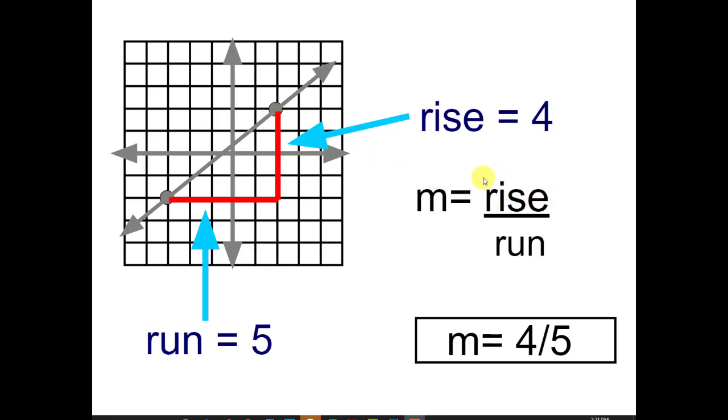So that could be the change of y, which is considered the rise. The run would be how much it changed on the x-axis. It went from being over here to being over here. So that is a change of 1, 2, 3, 4, 5 units. So that would be your run. If we were just going to write this as a fraction, we could say the rise is 4, and that would be over the run. That's all this is describing. And that's really all you have to take away from the statistical point of view.